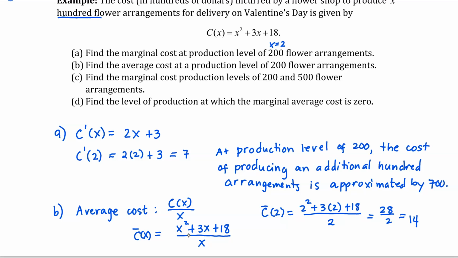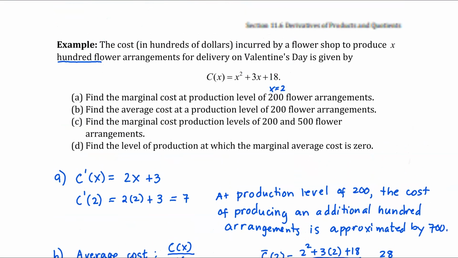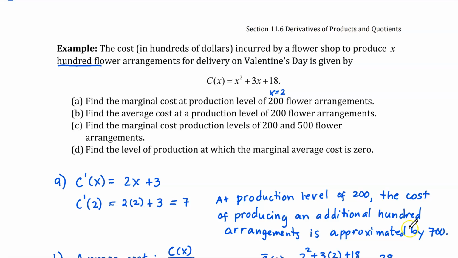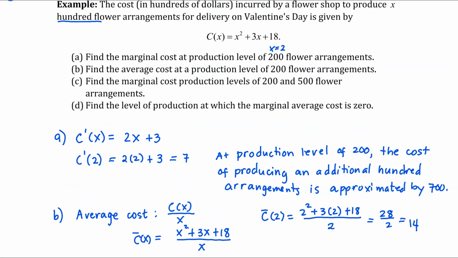So this means that at a production level of 200 arrangements, the average cost is 14, and 14 is actually in terms of hundreds of dollars. So that means 1,400. The average cost is $1,400 per 100 arrangements.